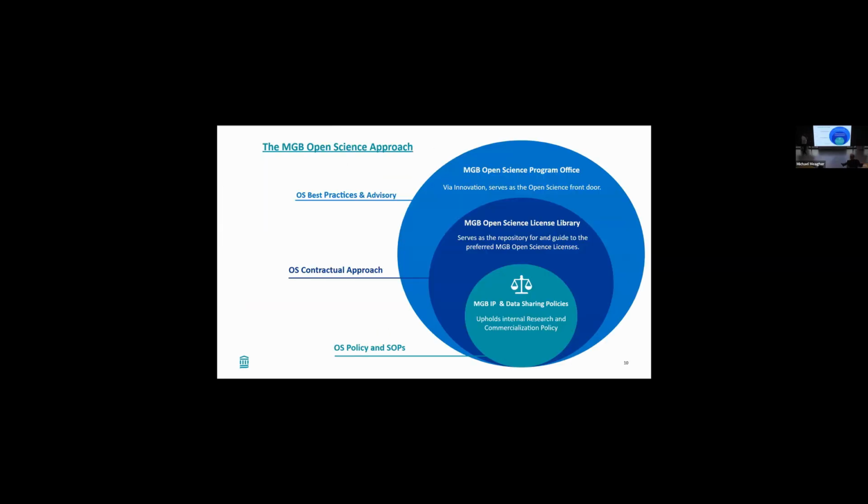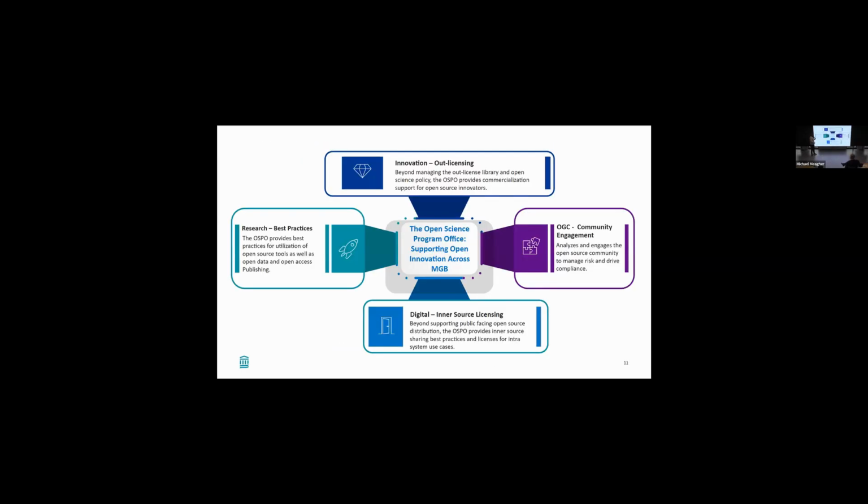So we developed our MGB Open Science Program Office approach, built upon our internal policies. We built an MGB Open Science License Library on top of those policies, and our Open Science Program Office serves as the front door. In pitching the system on this idea, we touched four important pillars of the system.